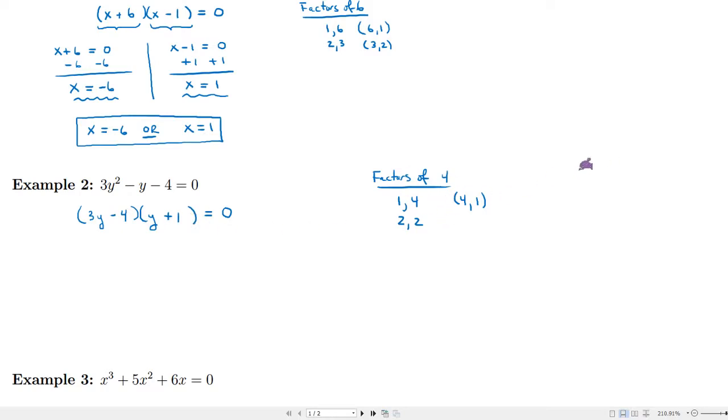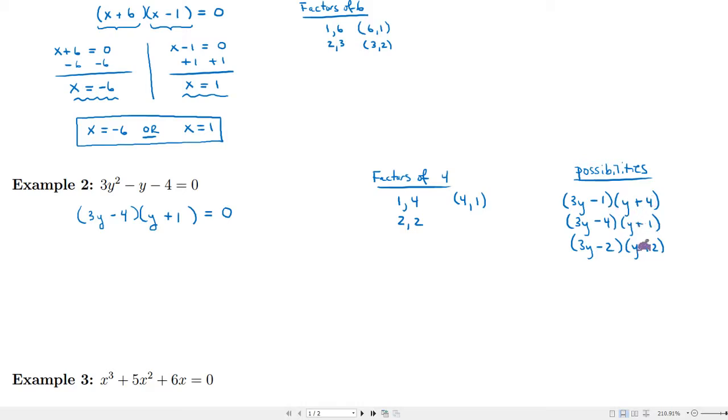So if you looked at the possibilities and wrote them all out there, you could have 3y minus 1, y plus 4, we could have 3y minus 4, y plus 1, or we could have 3y minus 2, y plus 2, right?